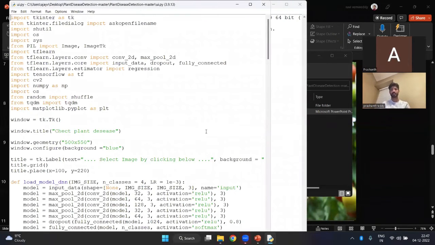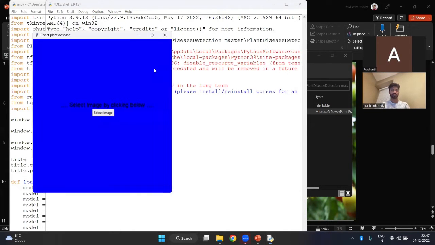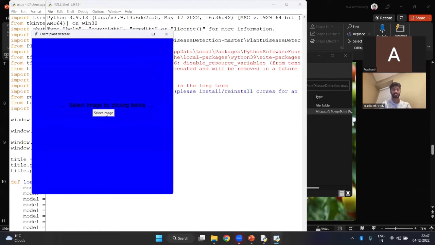So this is a simple desktop application we programmed using Python. After running this module, we land in an application where we can select the images. Those are already trained images. We trained almost 6,000 images.